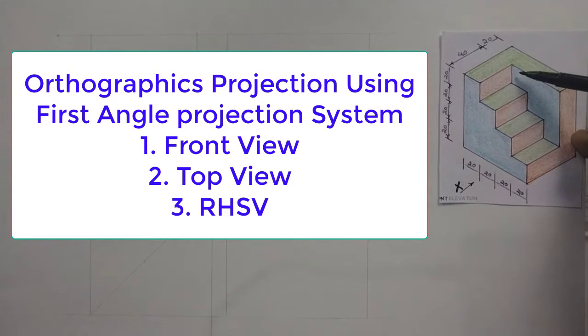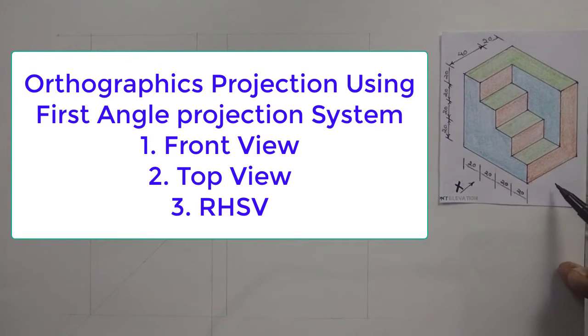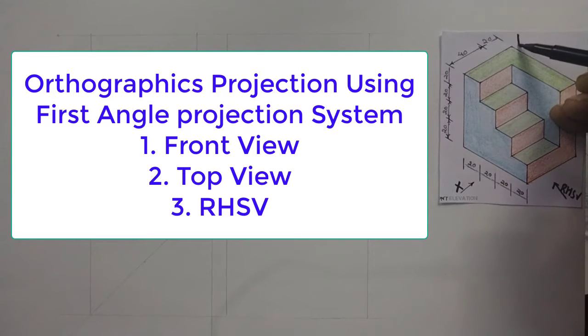Draw the top view and the right hand side view using the first angle projection system.